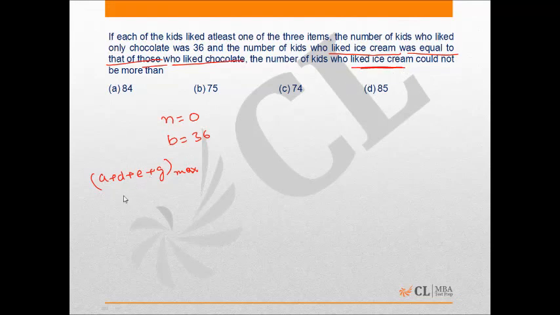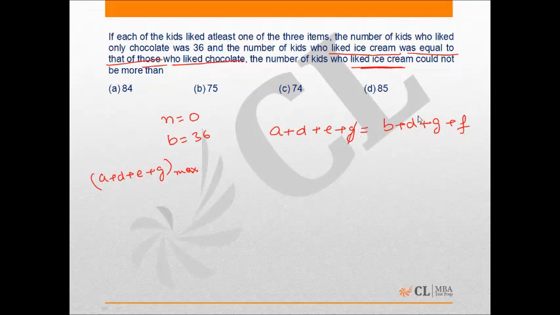That is my A plus D plus E plus G. Okay, so let us write the number of kids who liked ice cream. Number of kids who liked ice cream is A plus D plus E plus G is equal to that of who liked chocolate. The chocolate is B plus D plus G plus F.